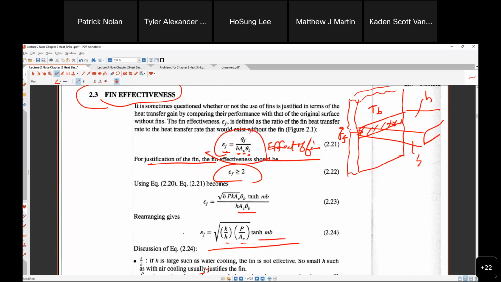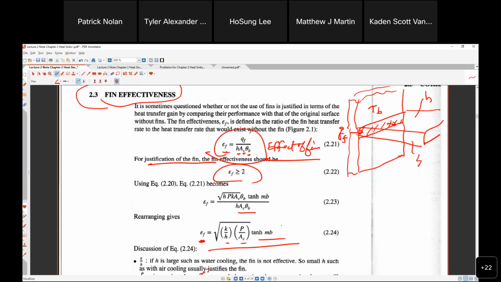Well, this is a hyperbolic tangent. So in order for effectiveness to be high, k over h should be high, if we need a fin.